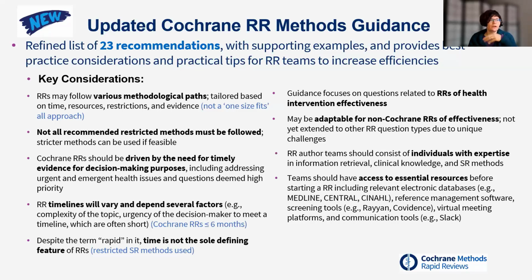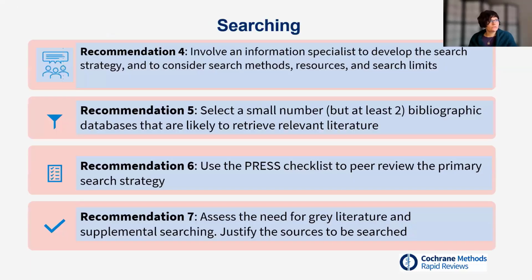And one of the important considerations is that teams who follow this guidance need to have access to essential resources, which also includes relevant electronic or bibliographic databases. And this guidance contains 4 recommendations about searching.